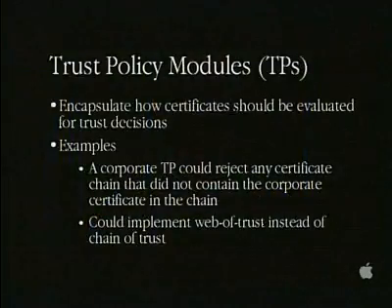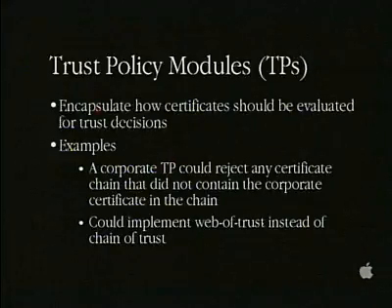Trust policy modules, on the other hand, are the other part of the certificate equation. If you have a particular certificate, one of the main questions that you want to ask is, do I trust this certificate?